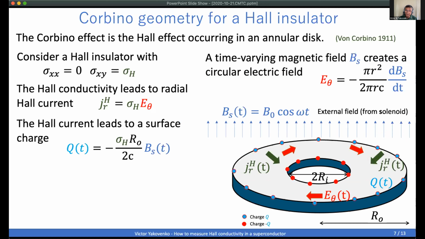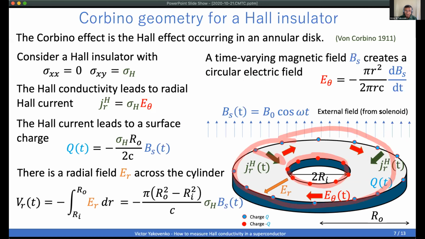This radial current results in accumulation of charge on the inner and outer boundaries of the sample. That produces a radial electrostatic electric field, which produces voltage. And that's basically what you measure.